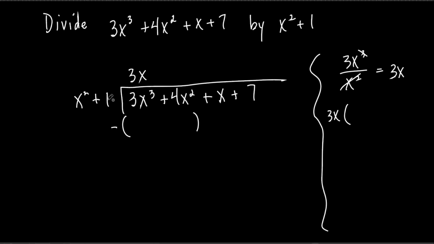What's 3x times x squared? It's 3x cubed, because remember you add the exponents. Plus 3x times 1, which is just 3x. That's what we're going to subtract. So we put 3x cubed plus 3x.